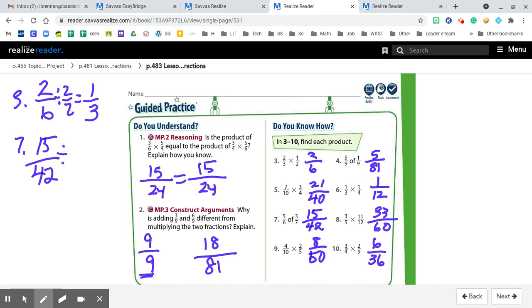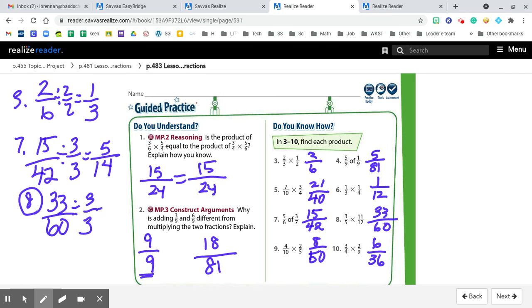We can divide that by 3/3 and get 5/14. For number 8, we have 33/60. We can divide that by 3/3, and we have 11/20.